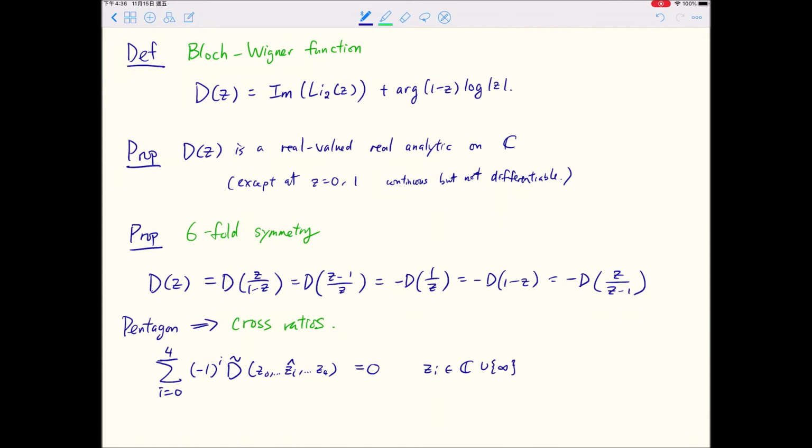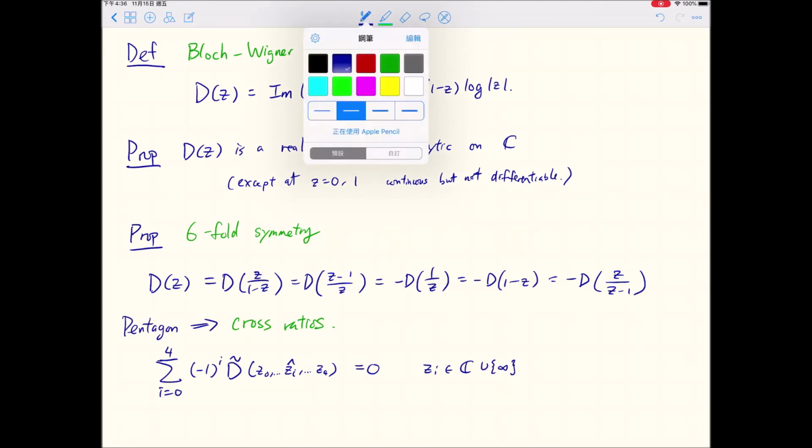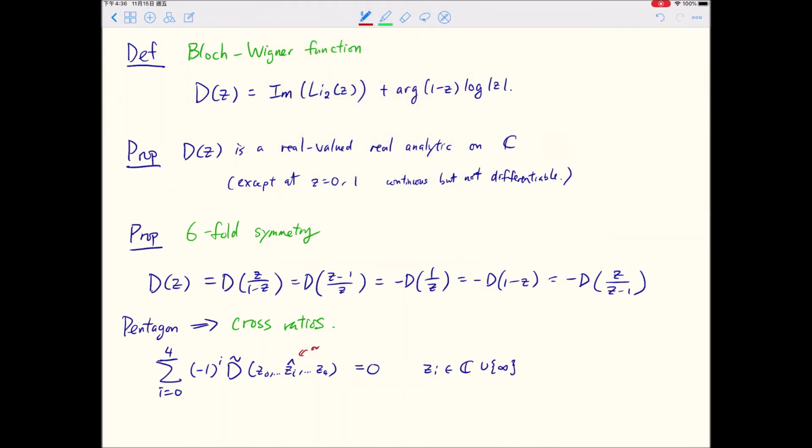So here again, the hat means you omit that index, you omit that variable. So this D tilde is a function defined on 4 variables, and this is defined using the cross ratios of the complex points.